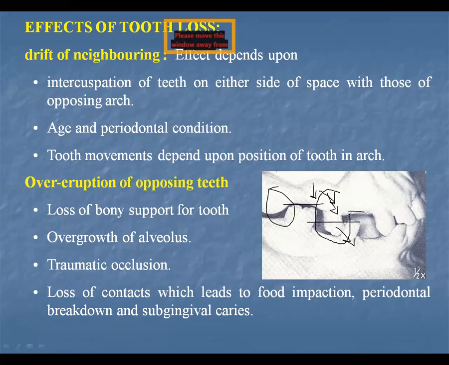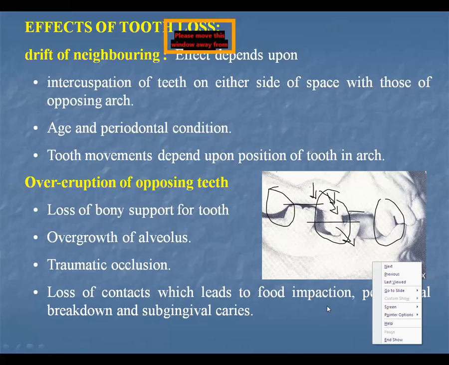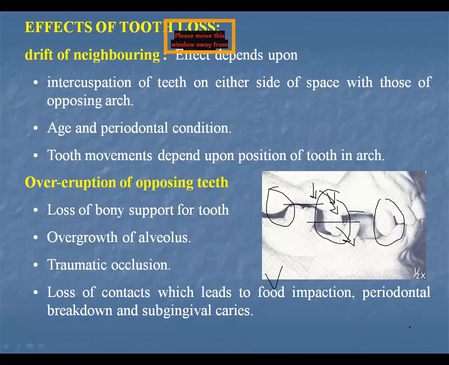You can see it here also and here also. You can see the trauma from the occlusion, which will lead to the loss of contact also, which will lead to food accumulation or food impaction. Periodontal breakdown is the consequence of the same, and there will be subgingival caries. As the tooth drifts downwards, this part of the tooth will get exposed, and then you will have plaque accumulation in the same area.